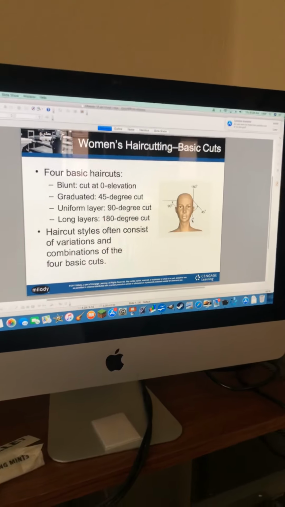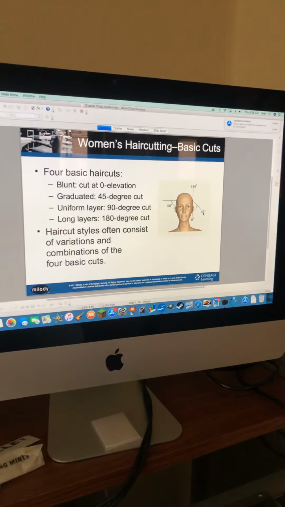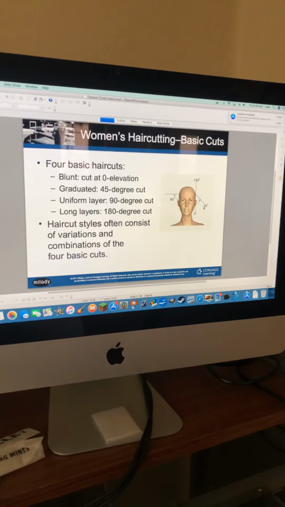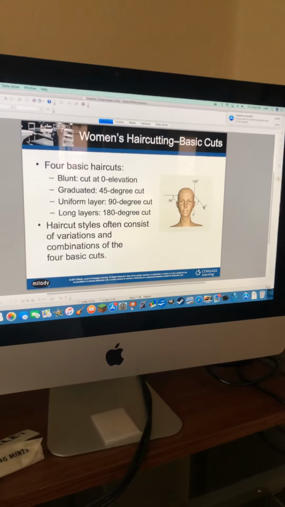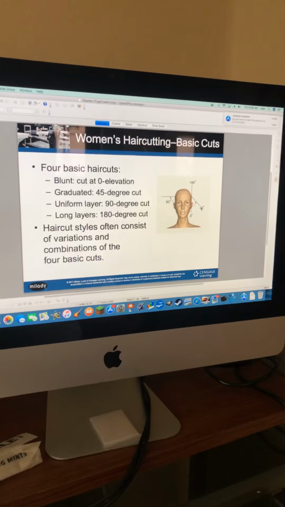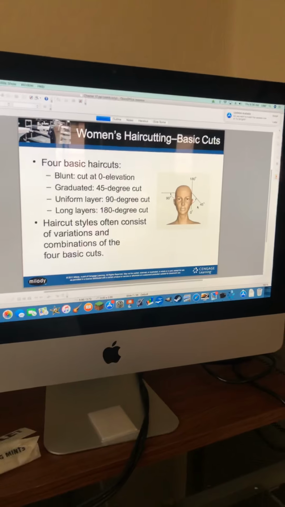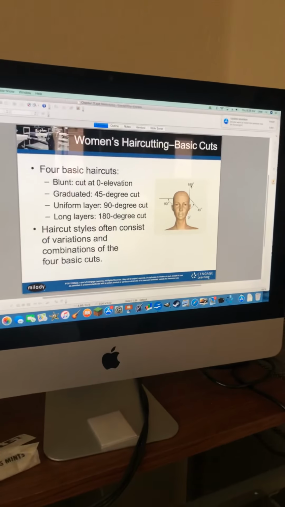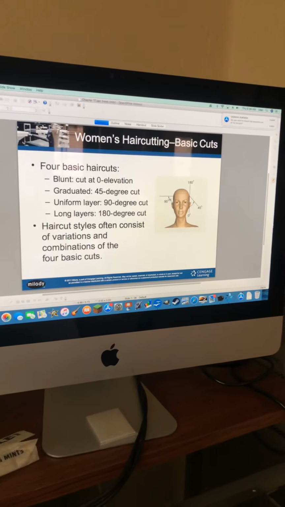On a blunt cut or 0 degree, you're cutting the hair down here. If you're going to do a 45 graduated cut, you're going to elevate it up here to 45 degrees, which is going to create graduation, or what we know better as layers. For the 180-degree cut, let's go to the 90 first. 90 is out here.